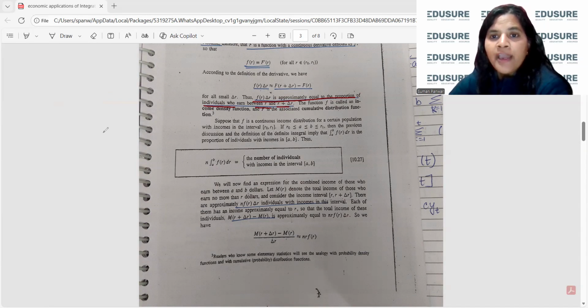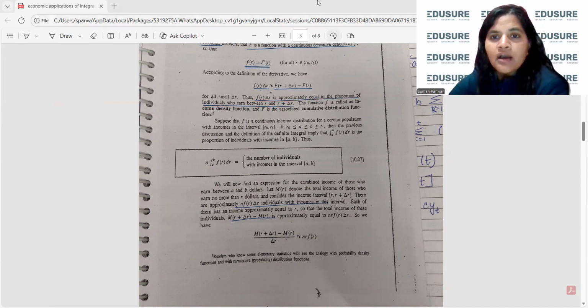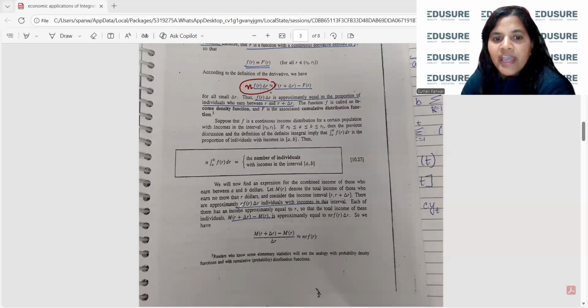So when I multiply this by N, N f(r)Δr gives the individuals with incomes in this interval, because no more than r dollars means the difference between r and r + Δr is very, very small. Each of them has an income approximately equal to r, because Δr is very small.